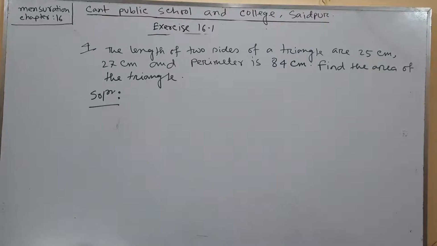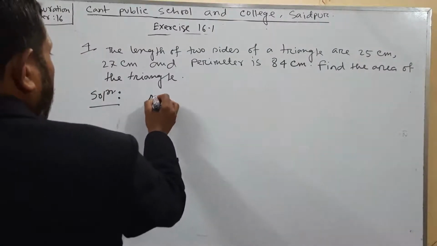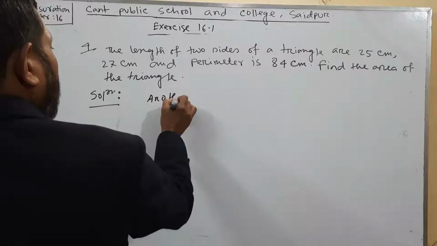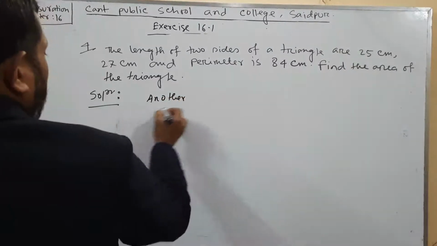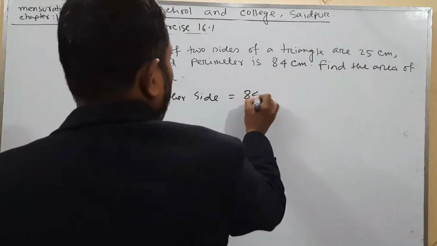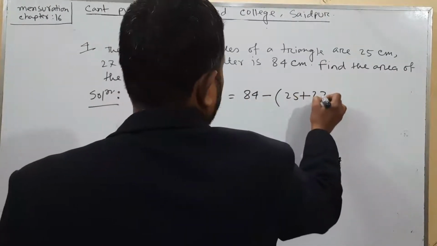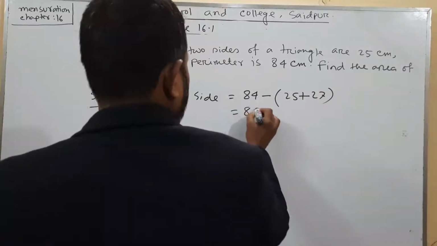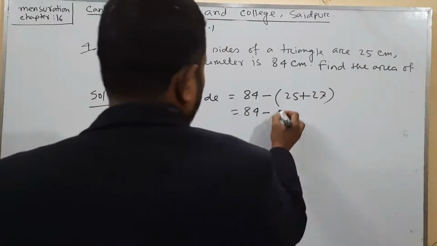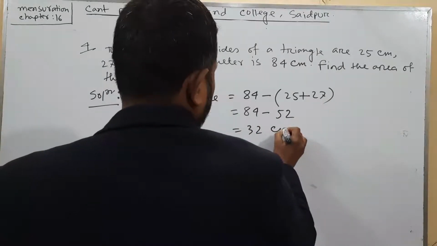We know the perimeter is the sum of the three sides. So the length of the other side will be 84 minus 25 plus 27, 84 minus 52, that is 32 centimeter.